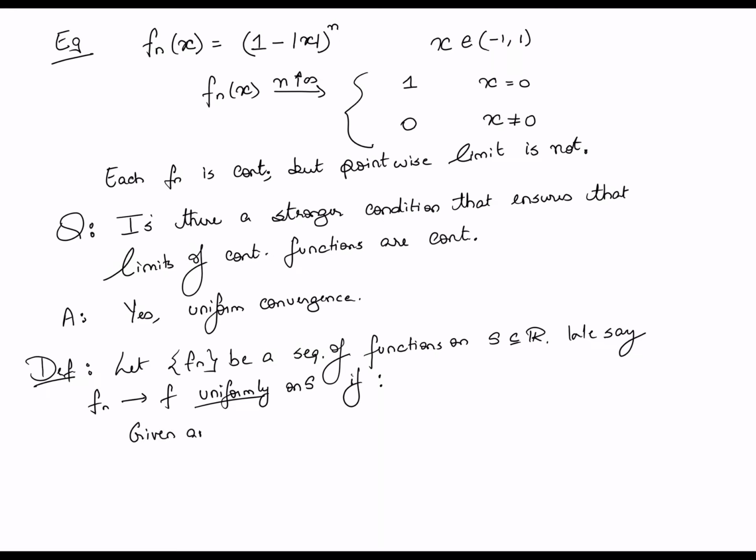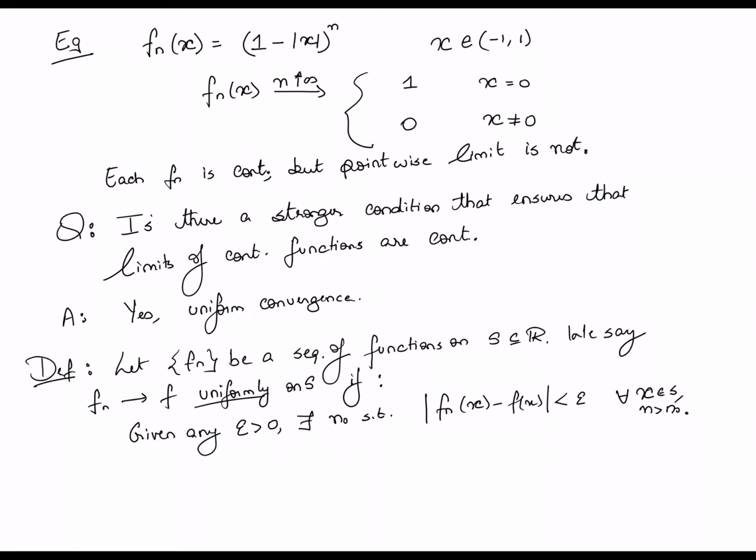Given any epsilon greater than 0, there exists an n naught such that |Fn(x) - f(x)| is less than epsilon for all x in S and n greater than n naught. Okay, so that's your definition of uniform convergence.